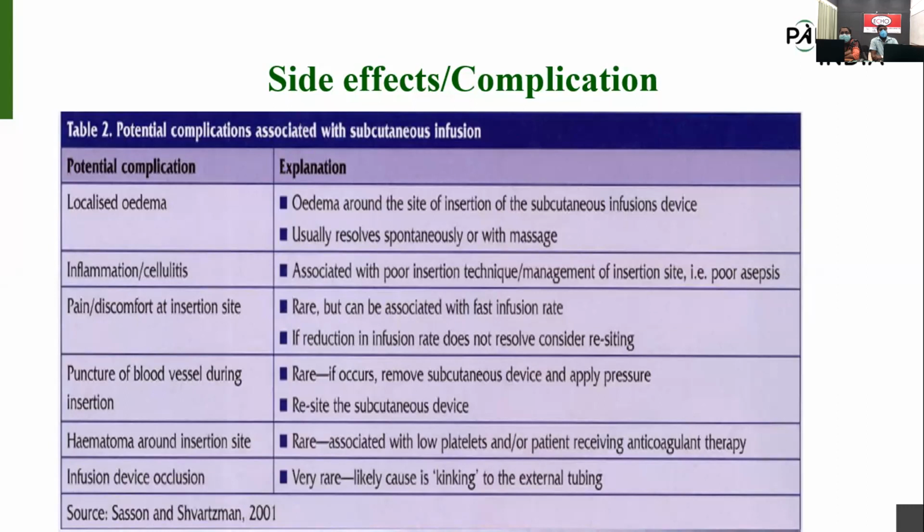Then hematoma around the insertion site is also very rare. If the patient is receiving anticoagulant therapy or has a low platelet count, the insertion site may have hematoma formation. That is also very rare. If that happens, we also need to change the area.